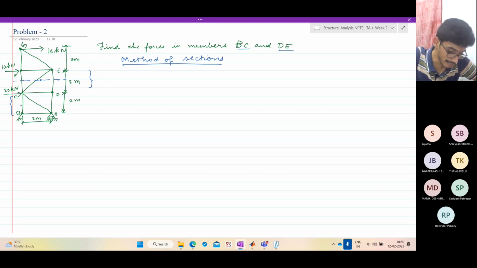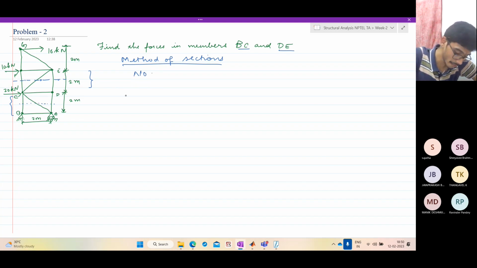But should I make a cut here? Any guess? Is a cut required here to find FBC? No, we don't need to cut. The reason is if you look at the joint B, you have 2 members connecting here and you have a reaction coming to this point.